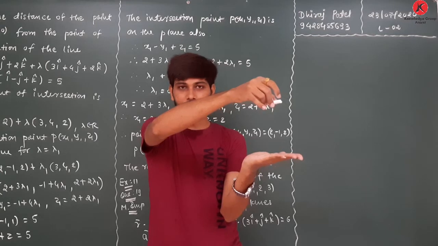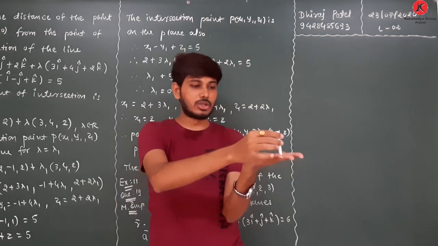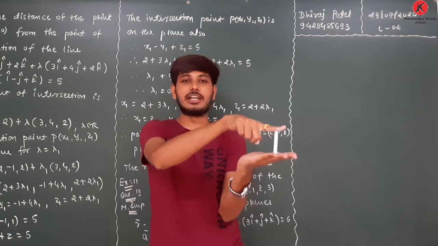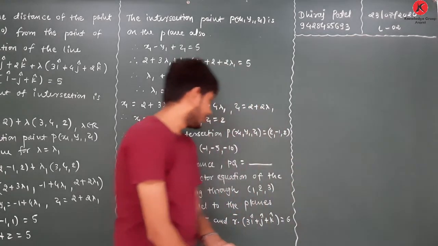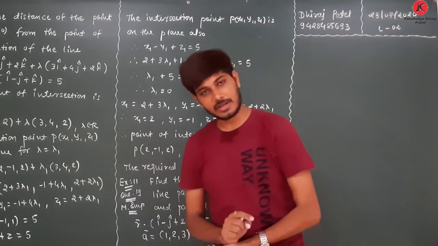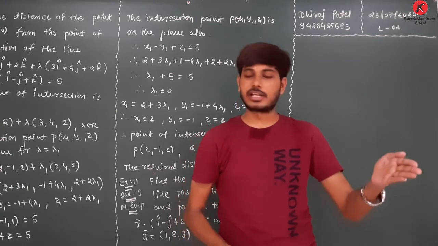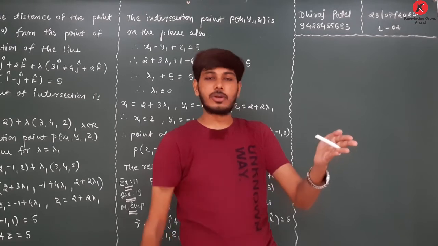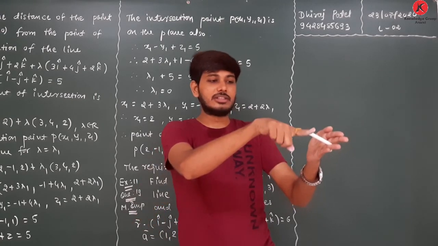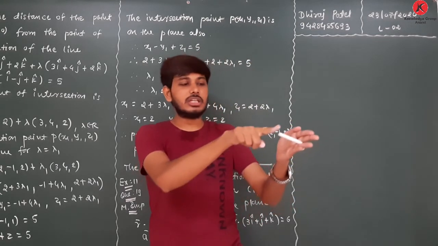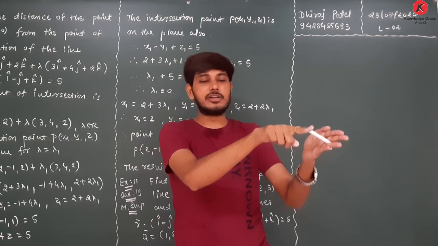ઓકે, તો યાદ કરો, ચલો આ પ્લેન હો તો નોર્મલ આમ થાય. This is the required line. What is the relation between line and normal? The required line is perpendicular to the normal of the first plane. Same way, second plane ની વાત કરો. Suppose this is your second plane. What is the normal of this plane? This is your normal of the plane, and your required line is also perpendicular to the normal of the second plane.